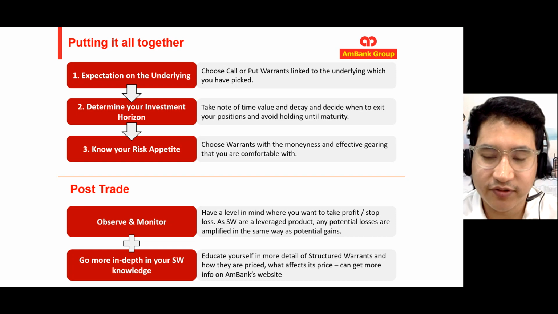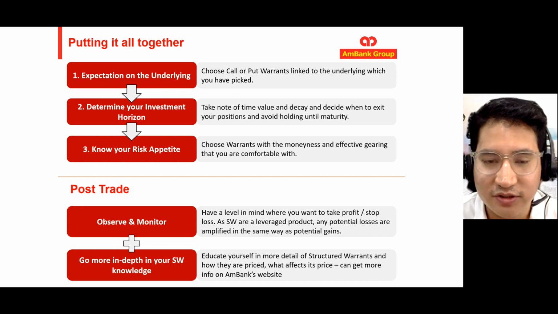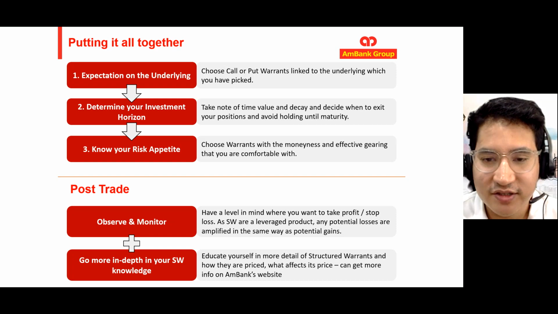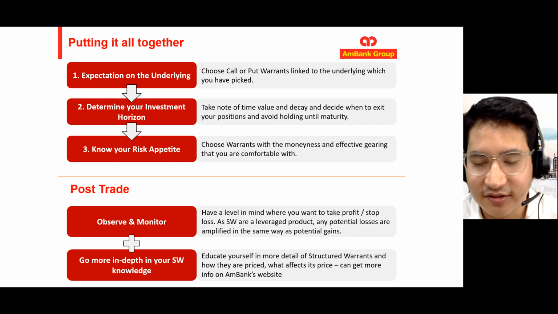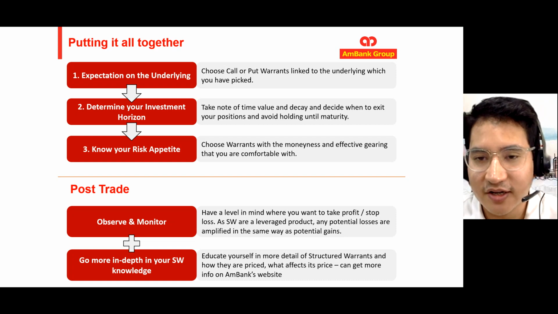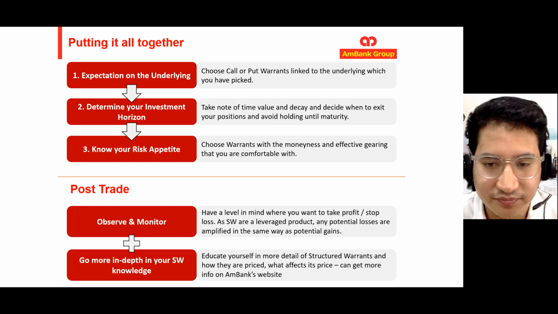So you really need to observe and monitor, and you can't hold emotional ties when you're trading structured warrants. If you see that your position has turned sour and you're facing losses, you limit your losses and sell everything back. I think that goes with investing or trading in general.